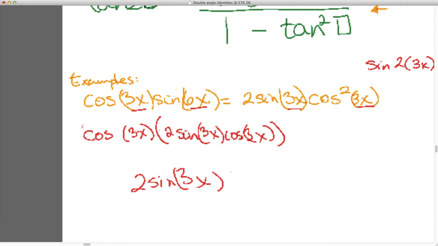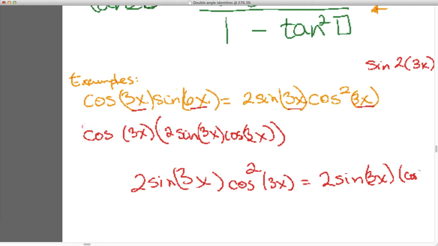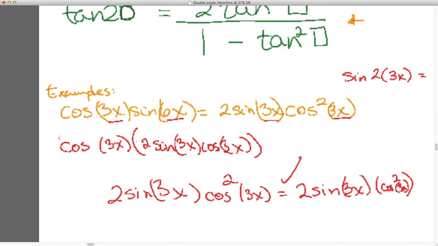Just working with one side is typically what I like to do, and prove that it equals the other side. Cosine times cosine is cosine squared, and that's what we have over here. So we put a check mark and move on to the next one.